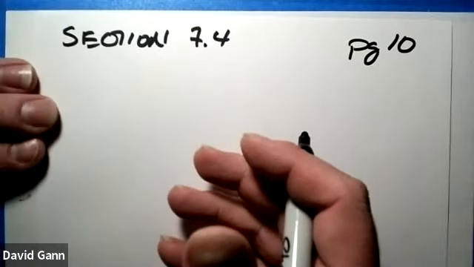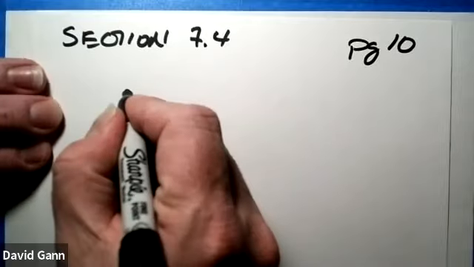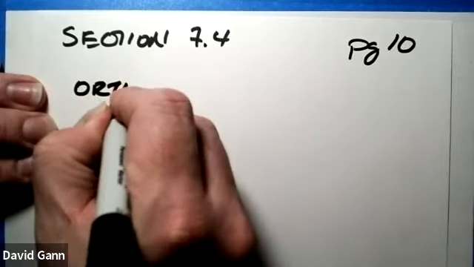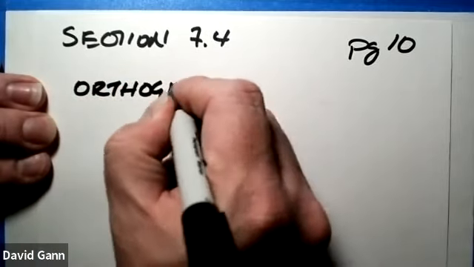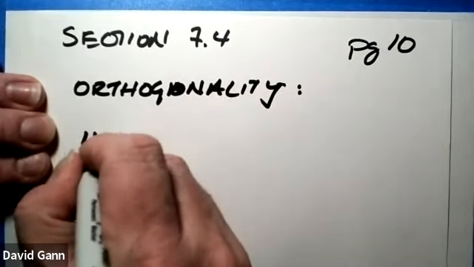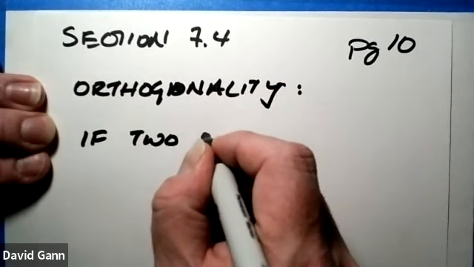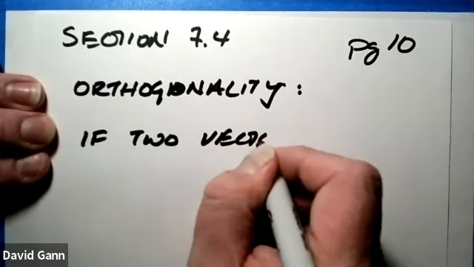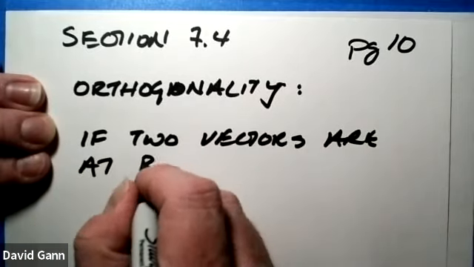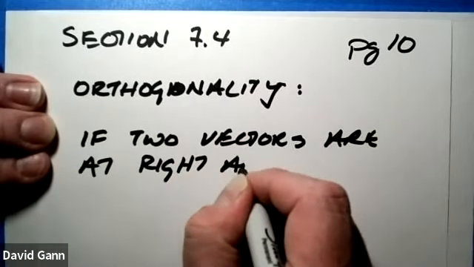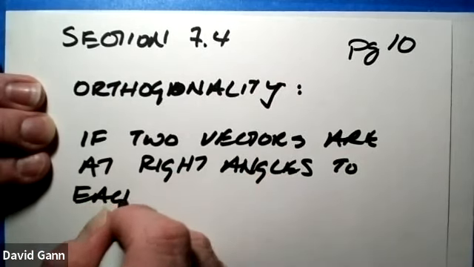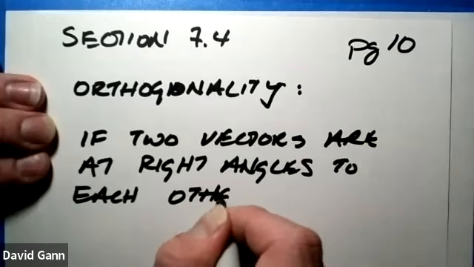What does it mean for two vectors to be orthogonal? Well, orthogonality means, if two vectors are at right angles to each other, they are said to be orthogonal.